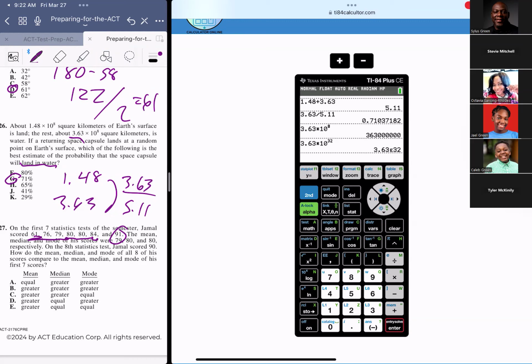So if you add a 90 to that, then the mean would be greater. So we can cross A out. The reason I'm doing the mean and the mode first is that those are both really easy to do. So for the mode, let's see what he scores the most.